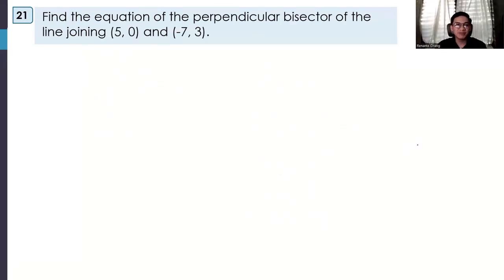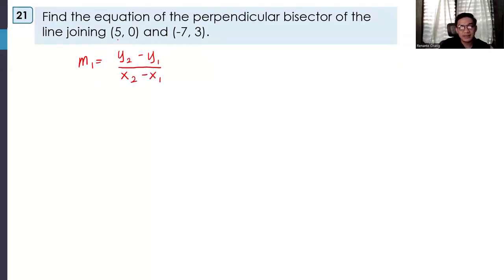Number 21. Find the equation of the perpendicular bisector of the line joining 5, 0 and negative 7 and 3. So first thing that we need to do is to find our slope for these 2 points. So yung formula natin dyan is M1 is equivalent to y sub 2 minus y sub 1 divided by x sub 2 minus x sub 1.